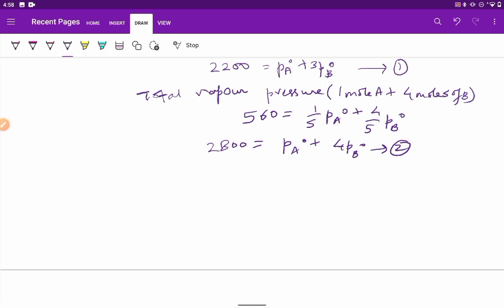See, if we subtract it, 2800 is equal to PA naught plus 4 PB naught. Below that, we write equation number 1 and subtract it, PA naught gets cancelled. 4 minus 3 is 1. So what we get, PB naught equal to 600 millimeter of mercury. So this is the vapor pressure of pure B.